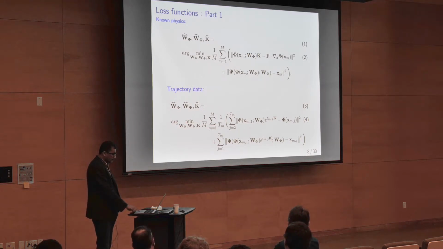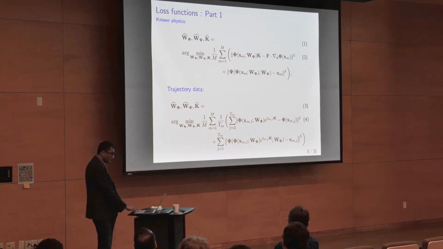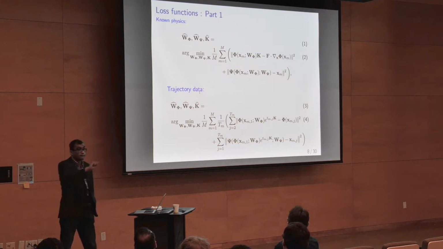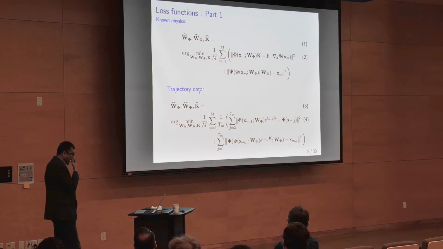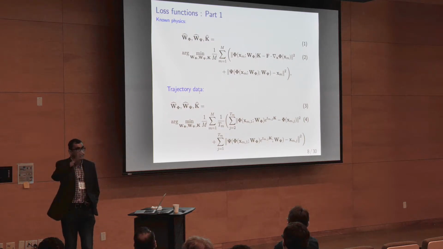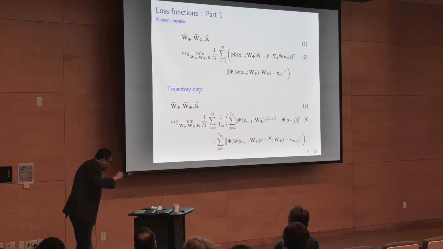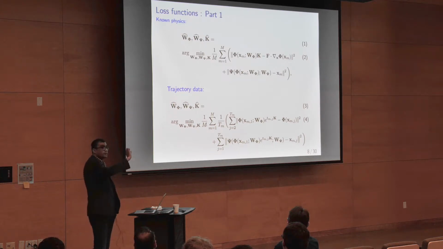And of course, both the phi and the psi are parameterized using neural networks, and these are the weights of the neural network. Now, there may be other situations where we may have data, and the data may be trajectories. Again, you may have m snapshots of data, and each of those may have some small n or tm sequences, right?